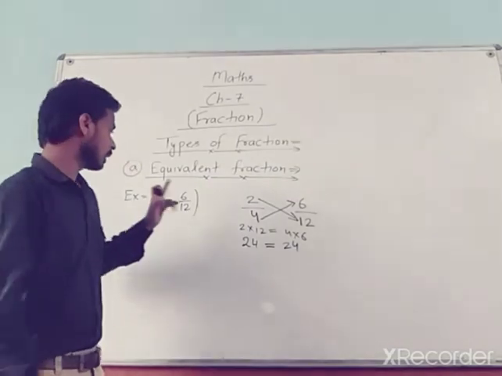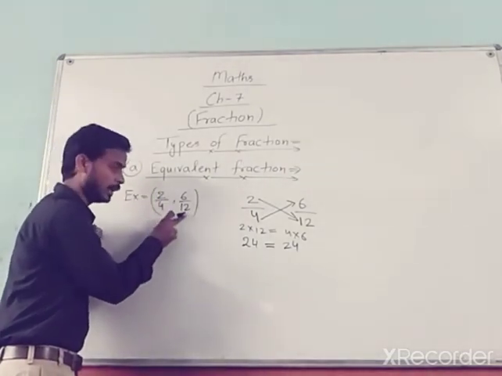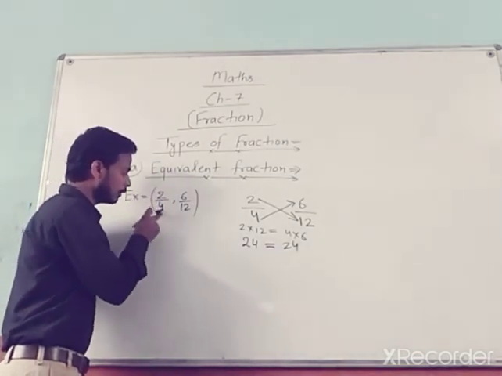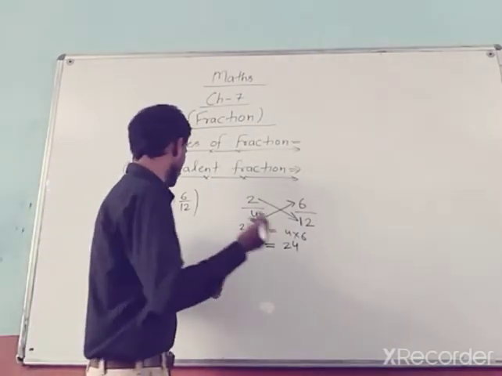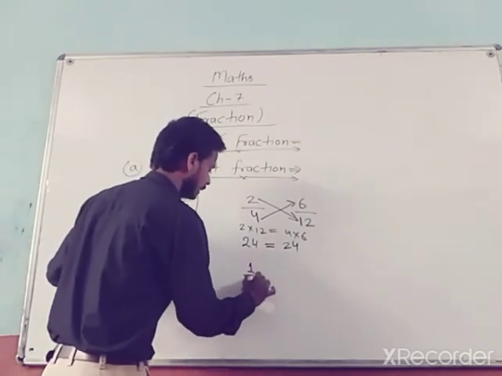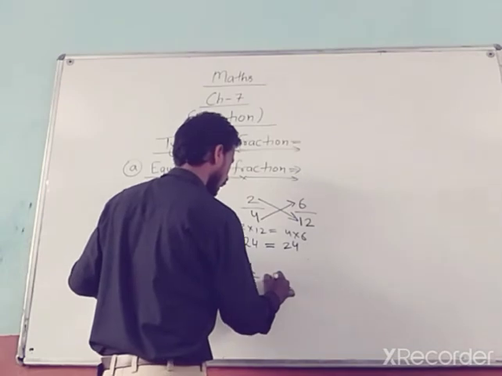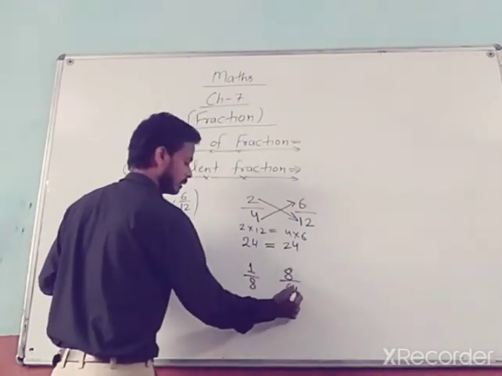See again, product of numerator of first, denominator of second is equal to the product of denominator of first and numerator of second. Clear? See another example of it. 1 by 8 and 8 by 64.